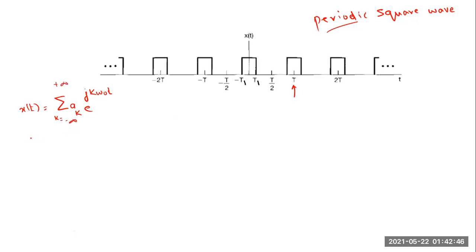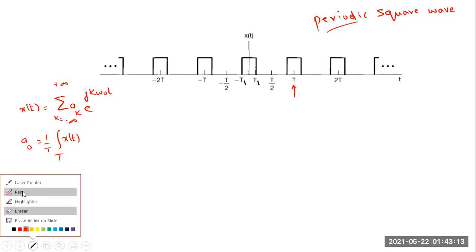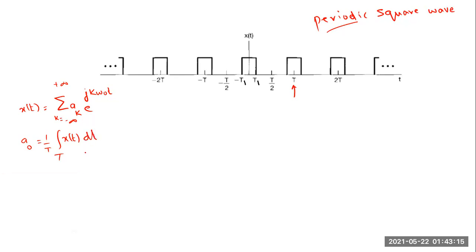So we need to find Fourier coefficients. So first of all, let me find out the DC component. So this is the expression to find out the DC component.